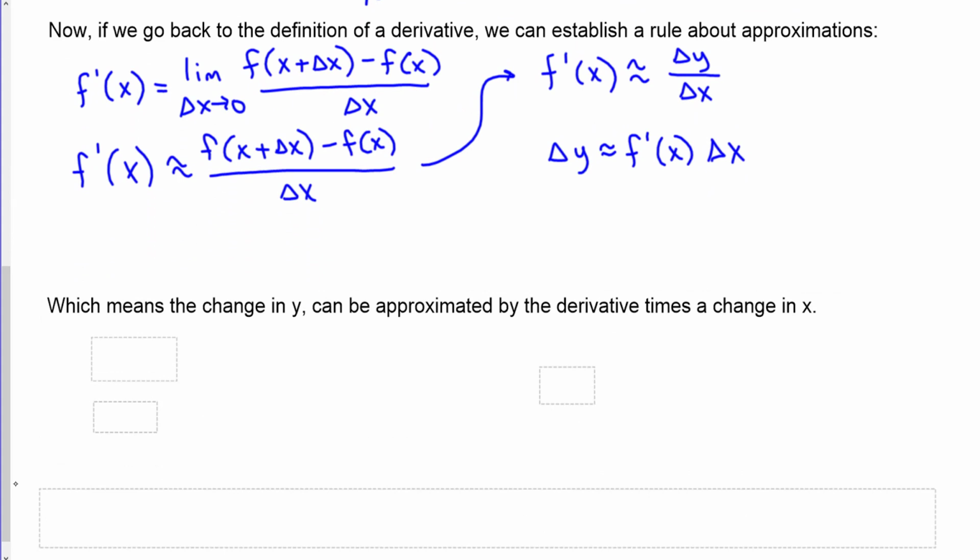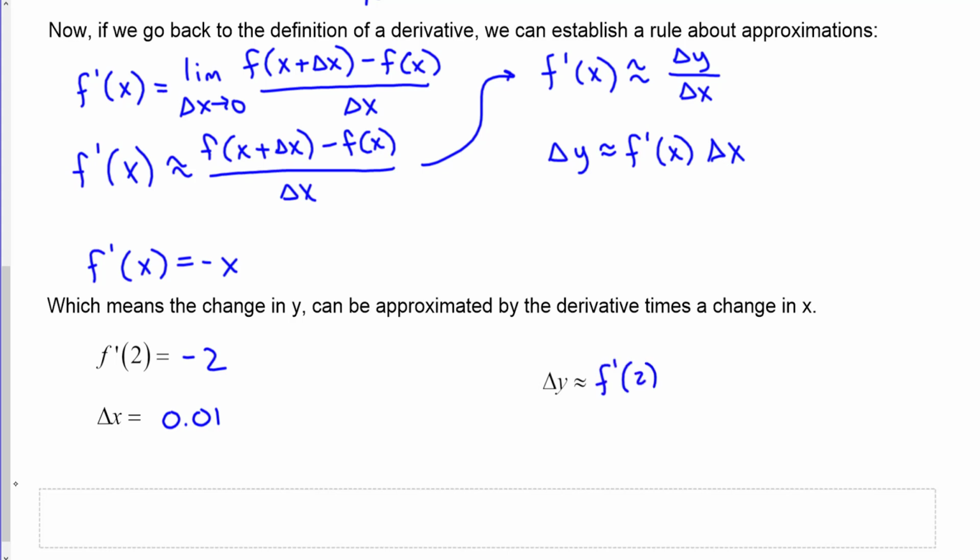So if we calculate the derivative at 2, and just so you recall, the derivative for this function was negative x, so that's negative 2. Delta x was 0.01. Then delta y is approximately f prime at 2 times 0.01, which is 0.02.